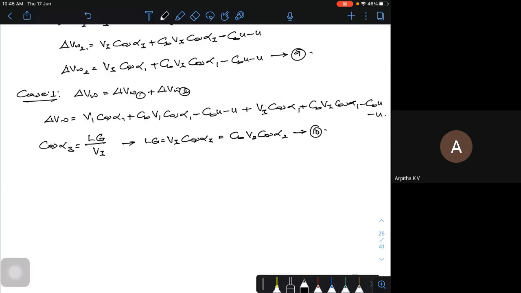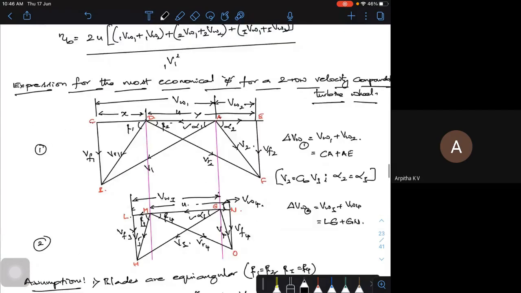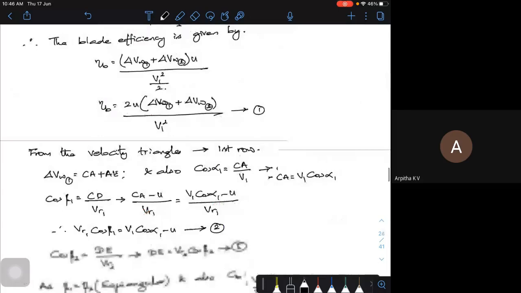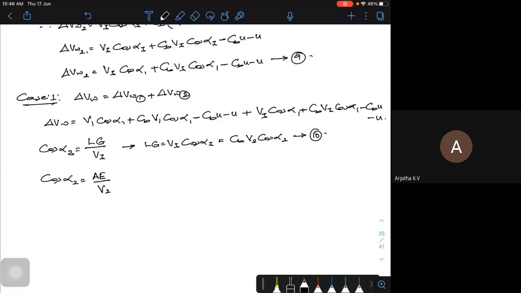Now, what is cos alpha 2? If you go to the first row velocity triangle, let me go and check it here. Cos alpha 2 is equal to AE by V2. So AE is equal to V2 cos alpha 2.